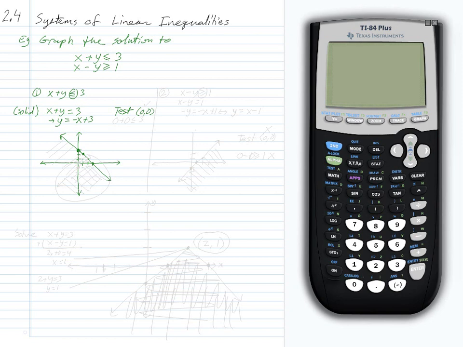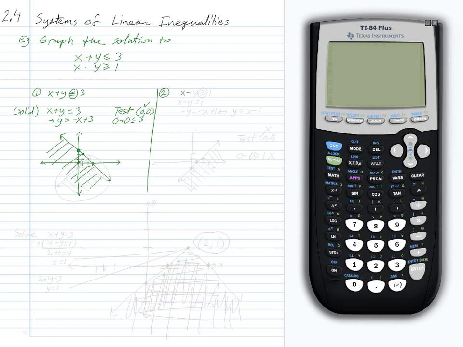In my original inequality, 0 plus 0 sure is less than or equal to 3, so the origin works, which means everything else below this line is a solution. Okay, so there we have our first linear inequality graphed. I'll graph my second one separately to kind of see what's going on with that one.